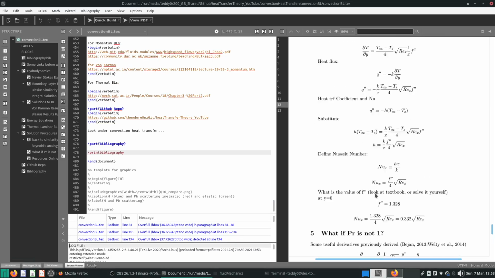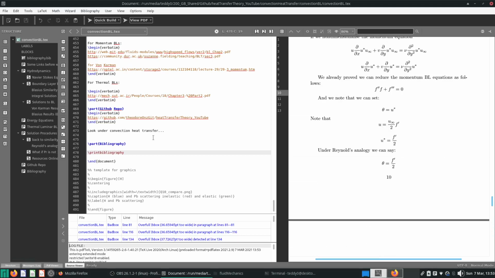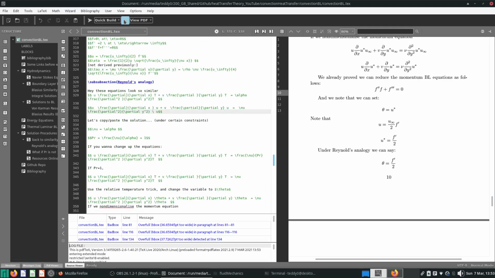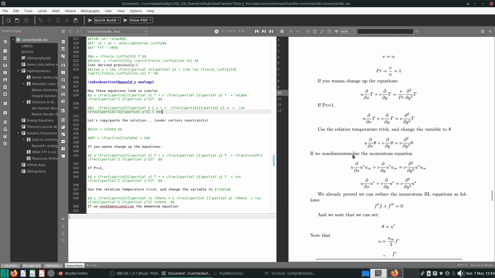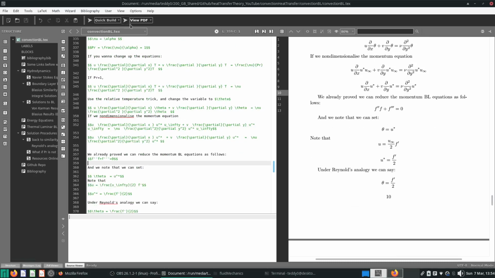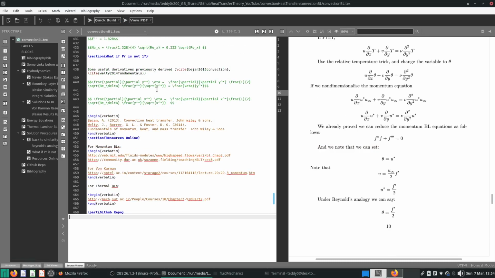Very good. How are we going to start getting some similarity solution for the temperature profile? Again, we will use what we have done before as a backbone, based on the Blasius solution. So this is the Blasius solution.